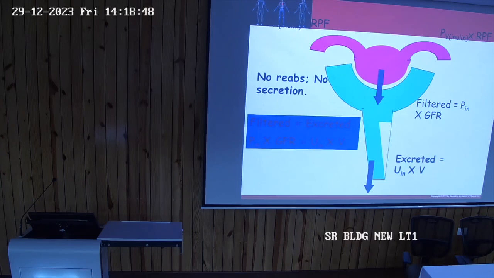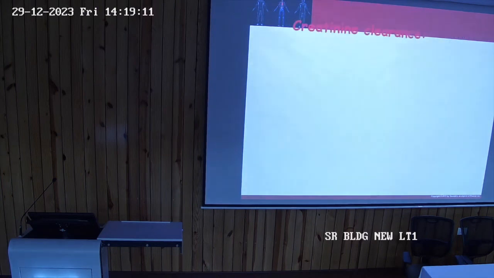So whatever amount is getting filtered has to be excreted. So this is the formula: concentration of inulin in the plasma times GFR is equivalent to the concentration in urine times the rate of urine formation, V. So with the help of this formula, we calculate the GFR. This is in case of inulin.